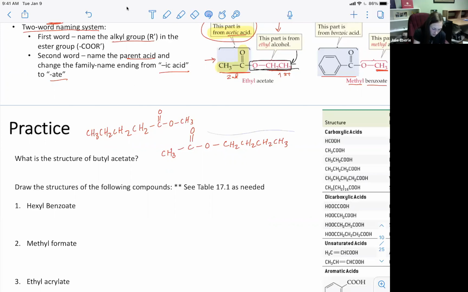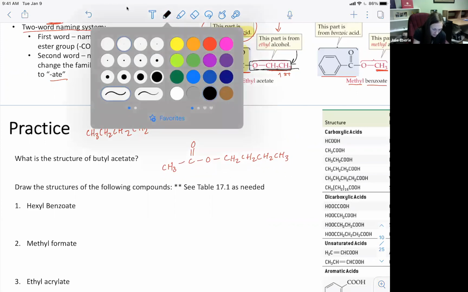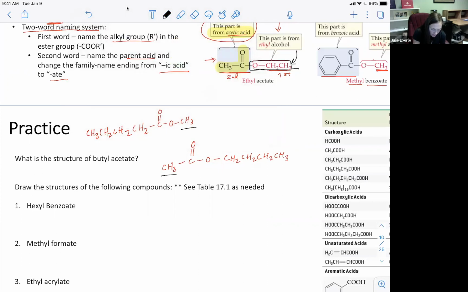Let me scoot this down. Okay, so we have the methyl here versus here, and we have the butyl group here versus here. So there's 2 different names for this. The bottom one is butyl acetate. The top one is methyl butyrate.